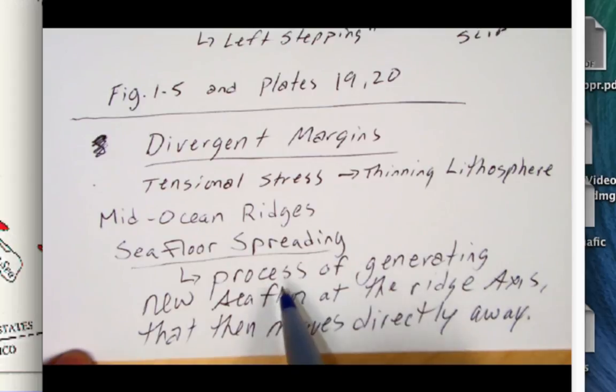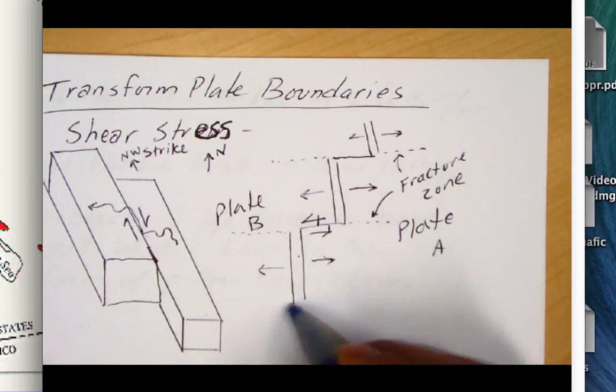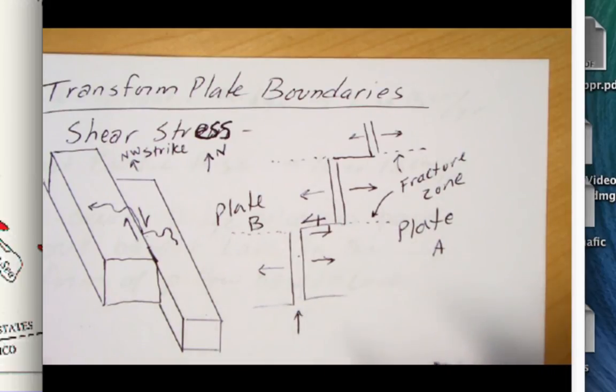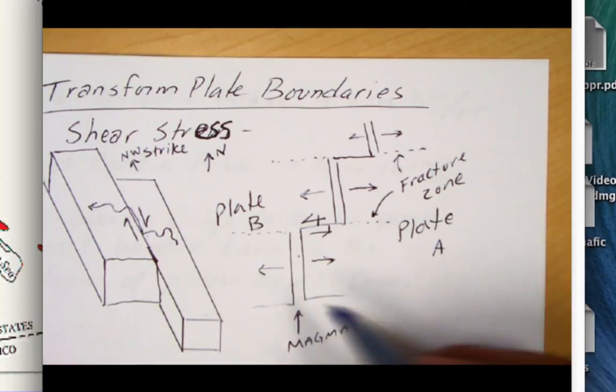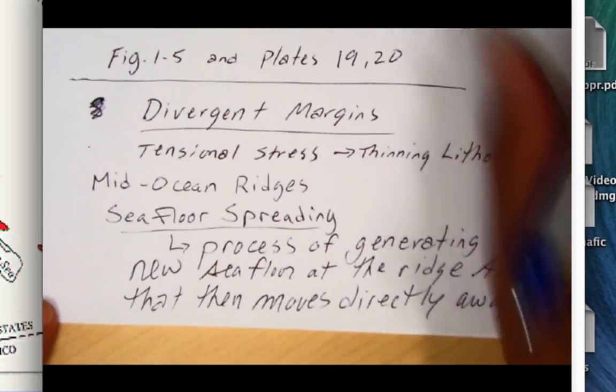And what's happening at these mid-oceanic ridges, there's going to be seafloor spreading, where the seafloor spreads apart and magma will come up from beneath, right? So we're going to see magma and volcanoes at these mid-oceanic ridges that come up through the thinning lithosphere there, right? Now this process is called seafloor spreading.